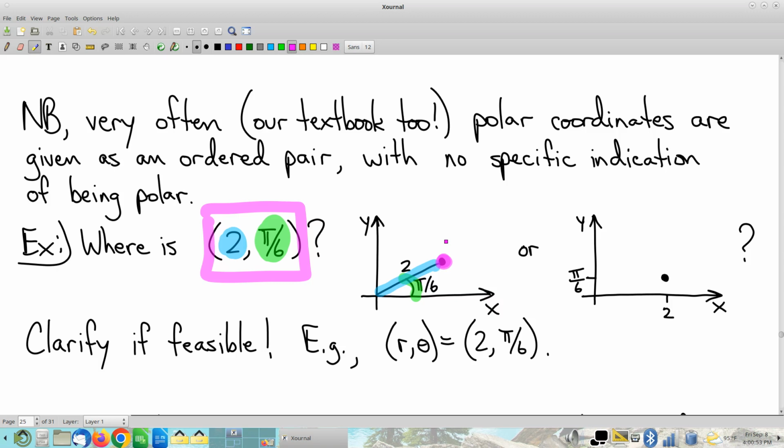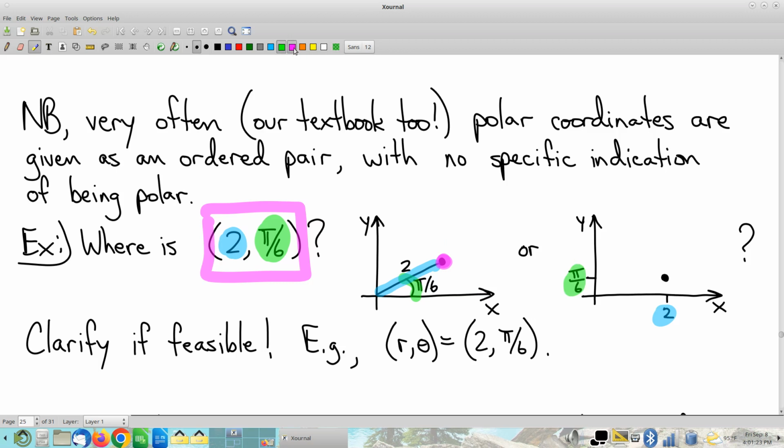The problem is, pi over 6, in addition to being a number that regularly refers to a nice, friendly angle, is also a perfectly valid real number. And 2 is a perfectly valid real number, and there is absolutely no reason why this couldn't be your x and this your y, which would have x as 2 and y as pi over 6.